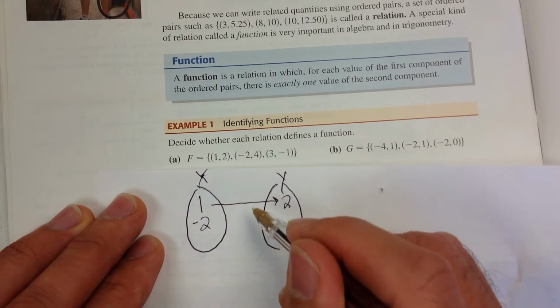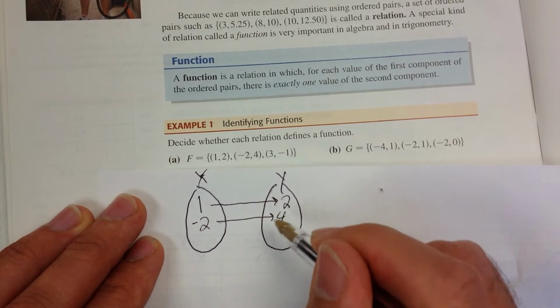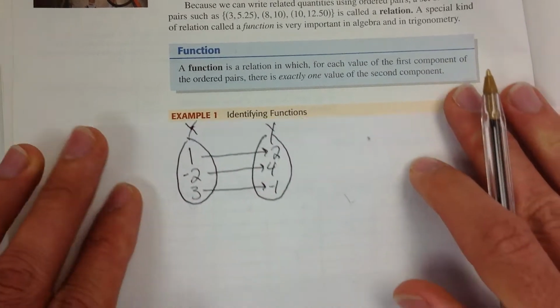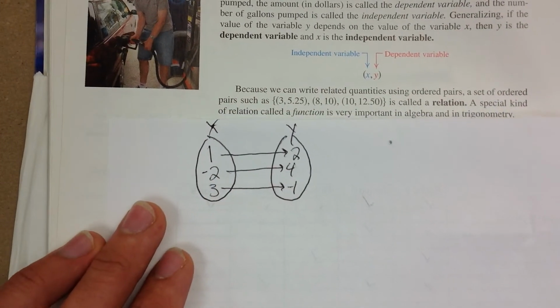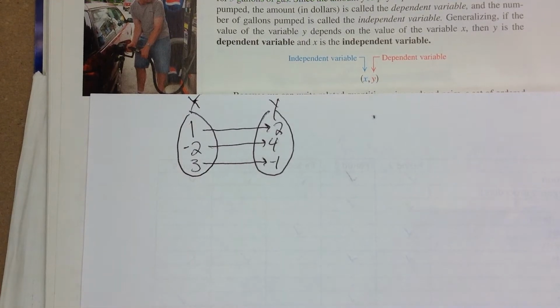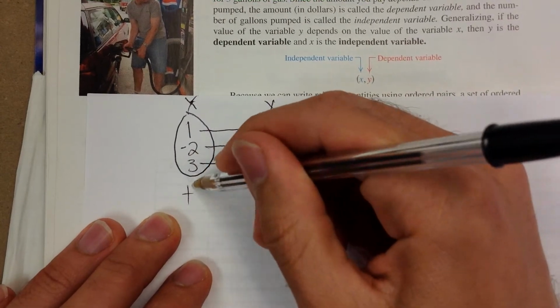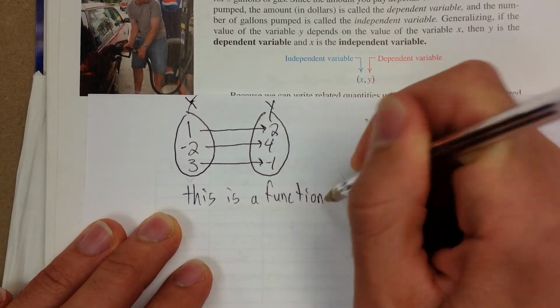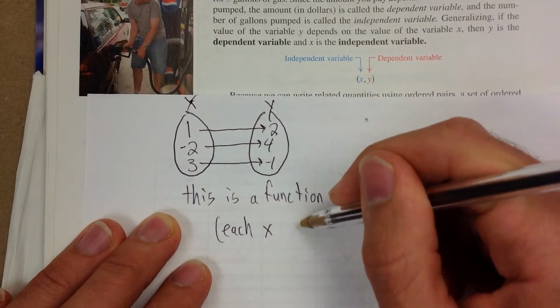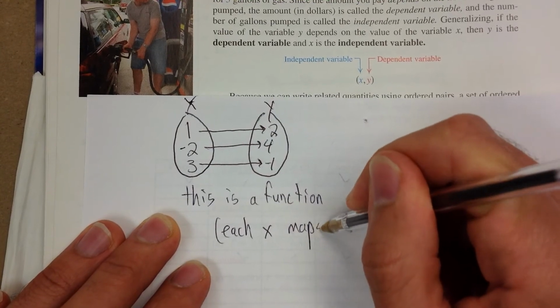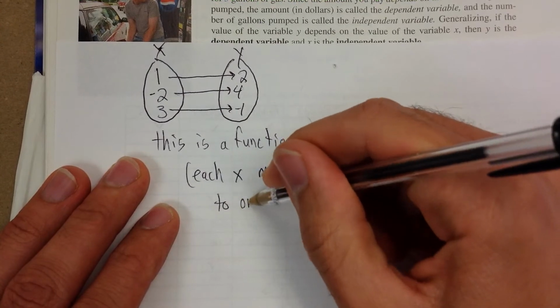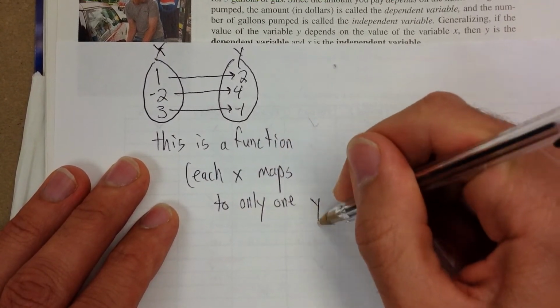I put in negative 2, that goes to 4. I put in 3, that goes to negative 1. Does each x value correspond to only one y value? Yeah, therefore it is a function. Each x maps, just another word for connects, to only one y.